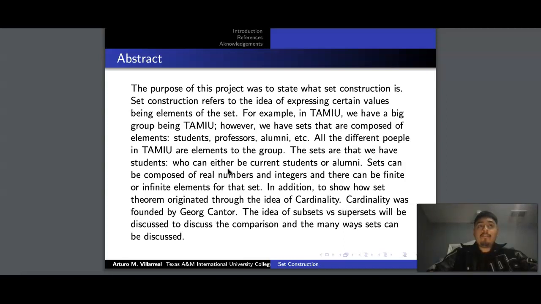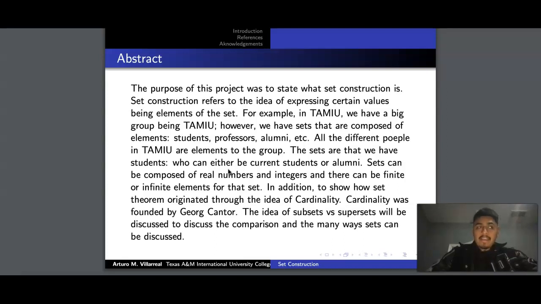and under those we have several elements, which can be professors that have a PhD and professors that have a master's degree. On the other side, for students, we have a group of undergraduates and graduates, which can have elements of being freshmen, sophomores, juniors, and seniors.